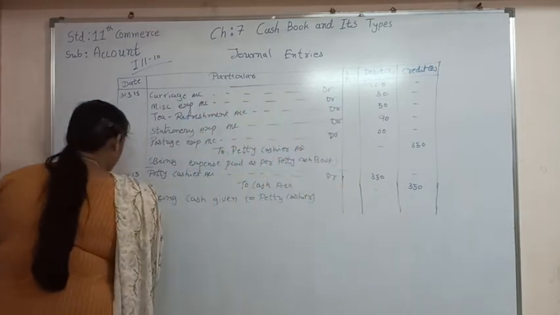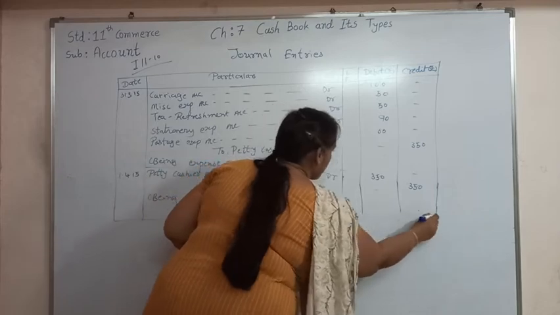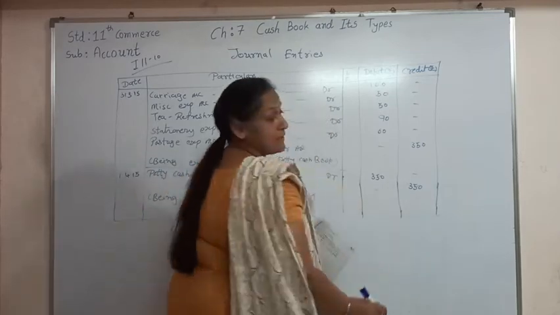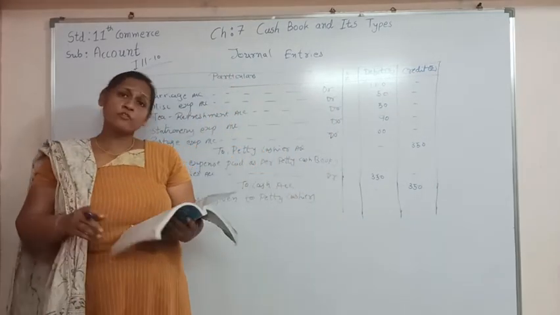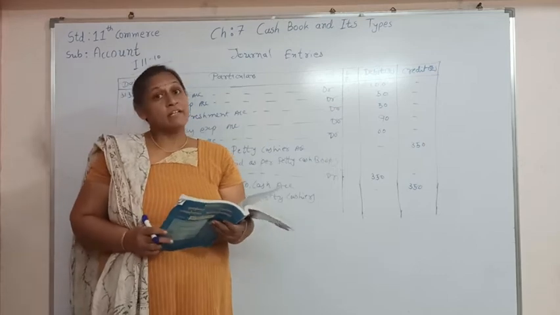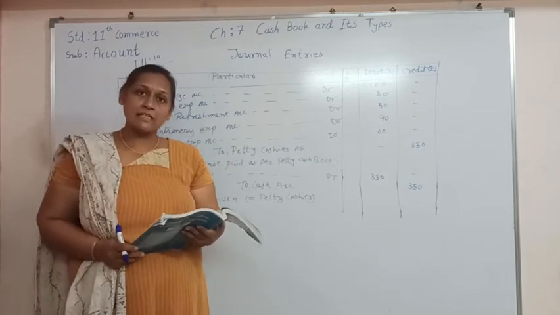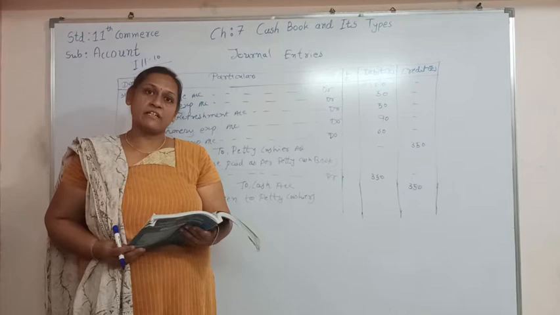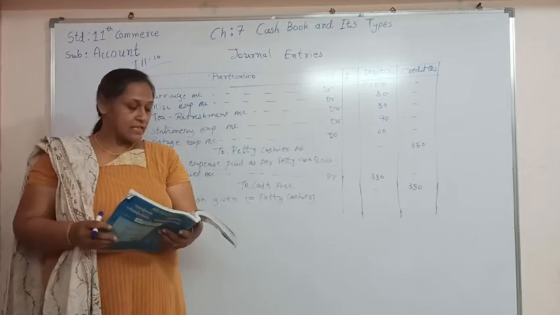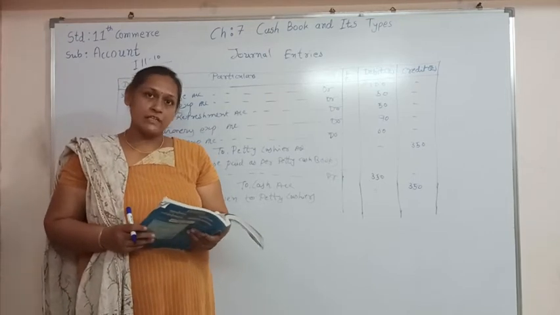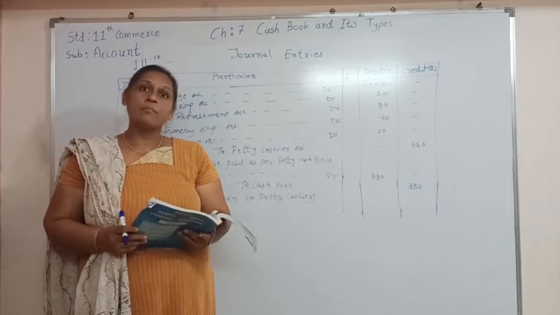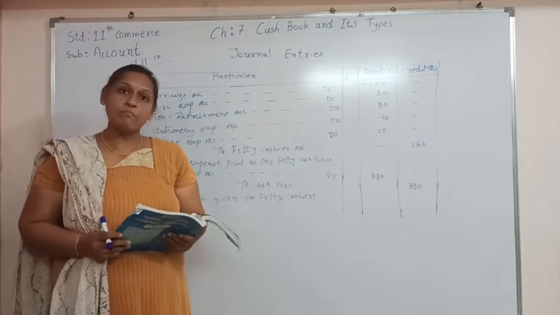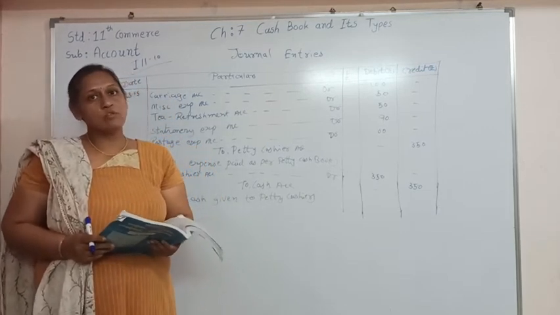Afterwards, now we are going to see how we are going to prepare the petty cash book according to the Imprest system in the books of the petty cashier. And here is sum number 11. In that we will see the petty cash book according to the Imprest petty cash book system.